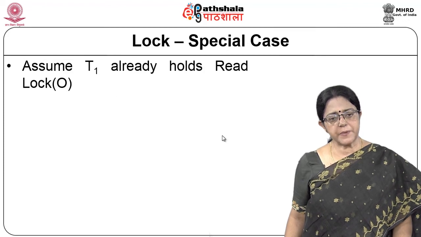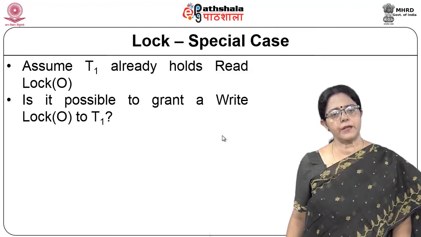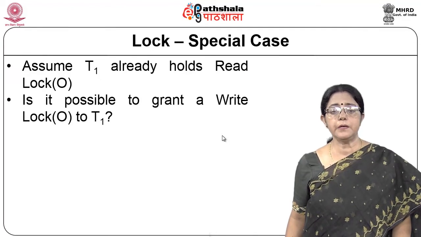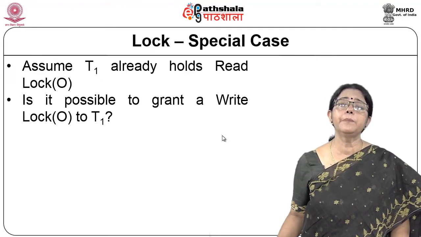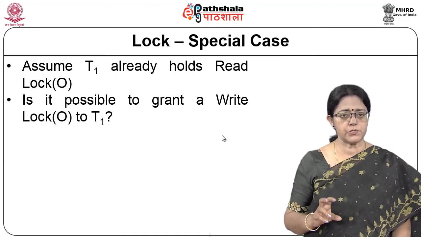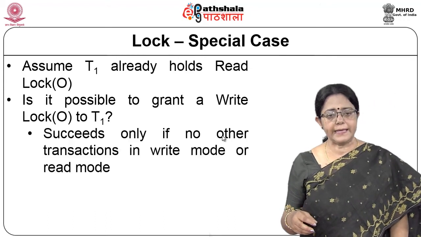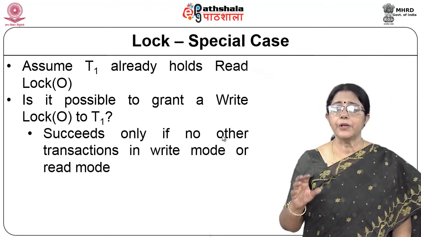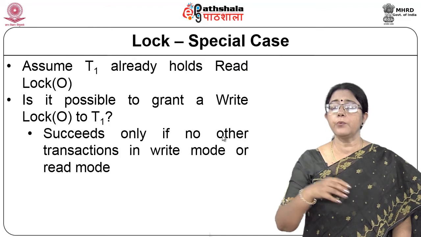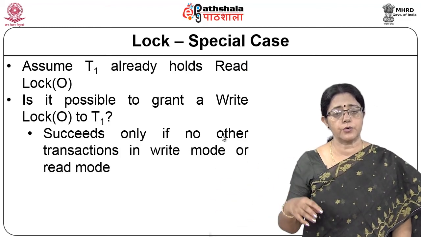Now, there is a special case. Assume that some transaction T1 already holds a lock. Is it possible to grant another type of lock to T1? So, T1 is holding a non-exclusive mode lock. Is it possible to acquire an exclusive mode lock? Yes, it is possible if we have not allowed other non-exclusive mode locks to be implemented.